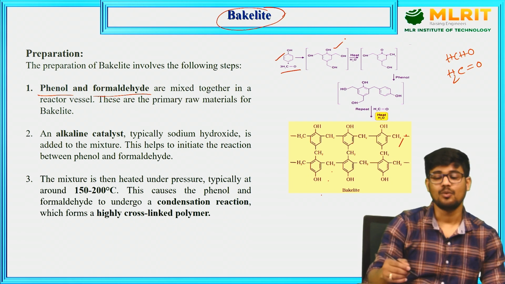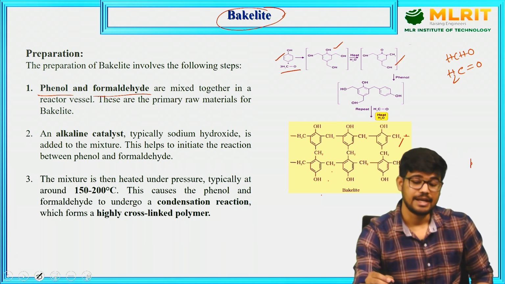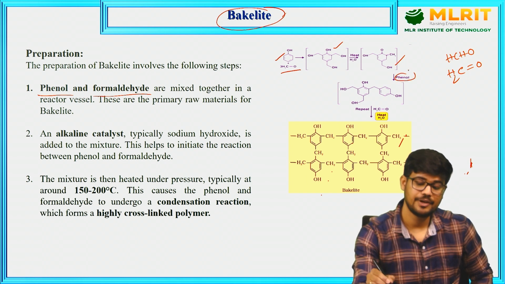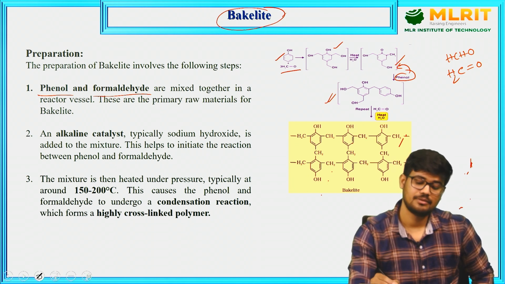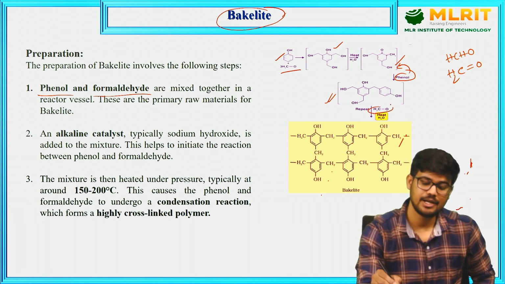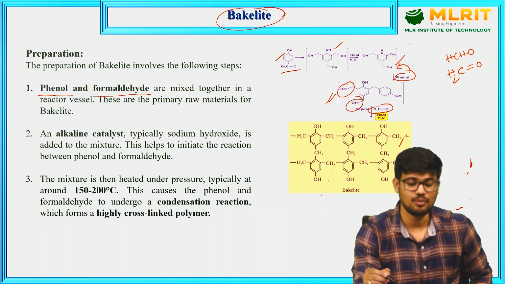After that, water will be released and it will form this second intermediate. Again, phenol will react with this intermediate and form this unit. Again, formaldehyde will react with this and replace all these CH2OH groups.